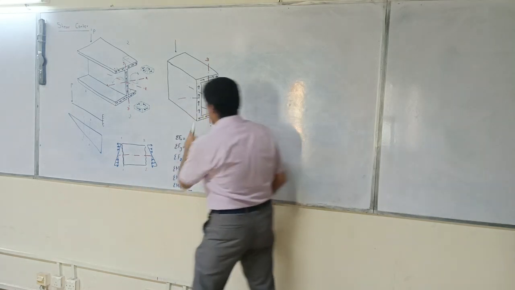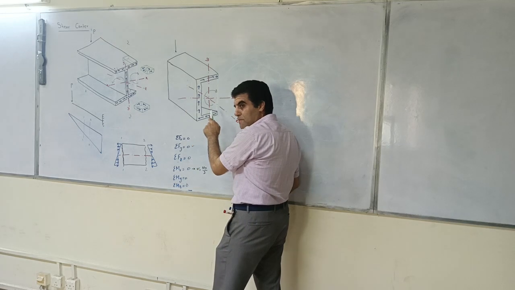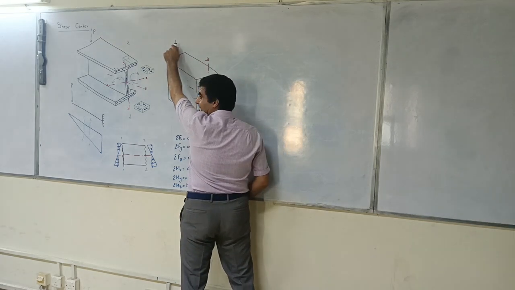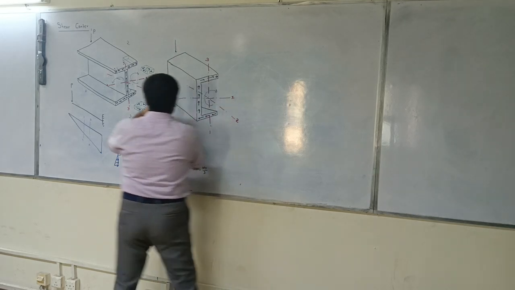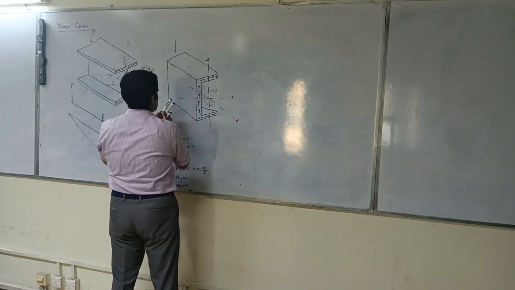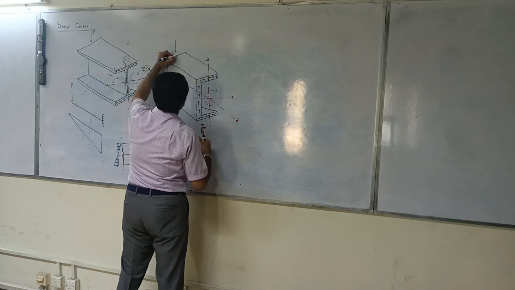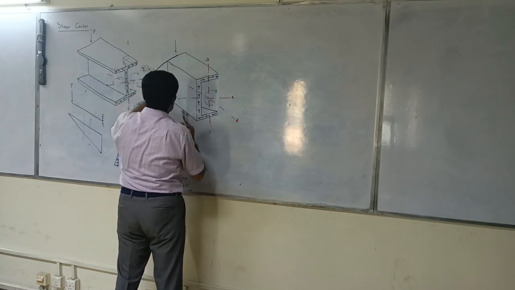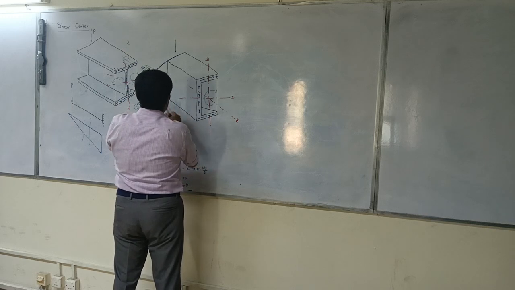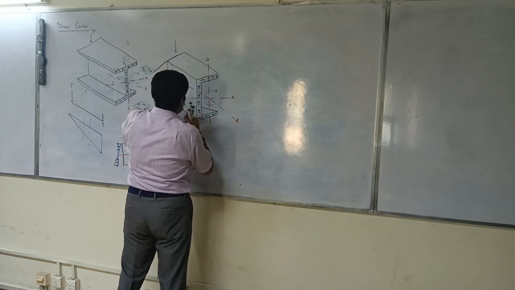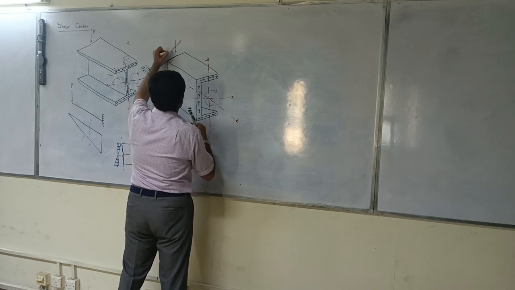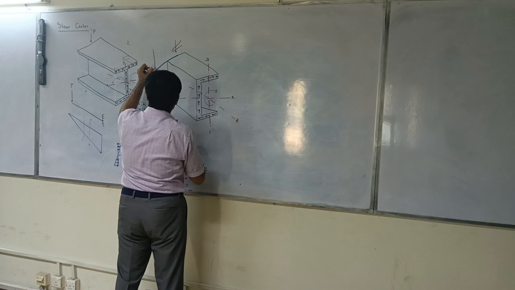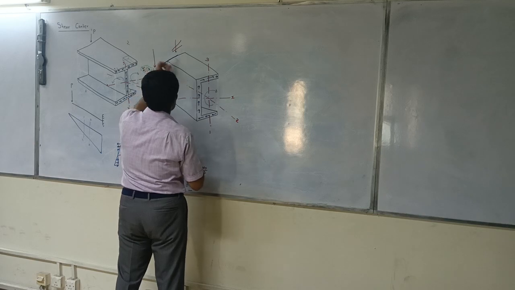So in order to avoid this twisting, what you have to do is you shouldn't apply the load exactly at y. You should put it at some distance from y.